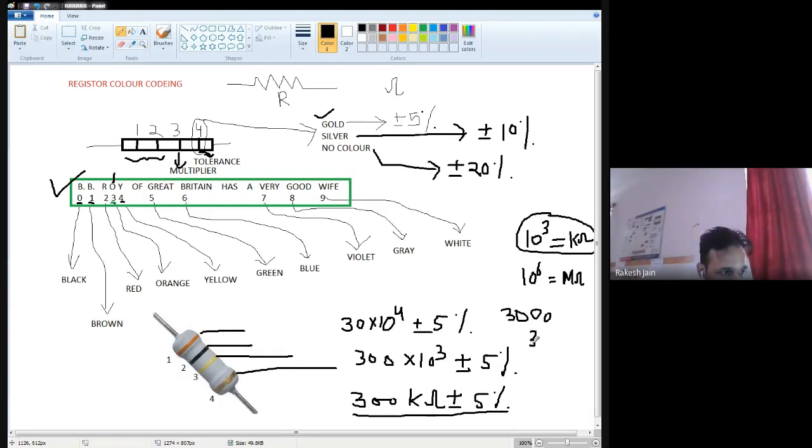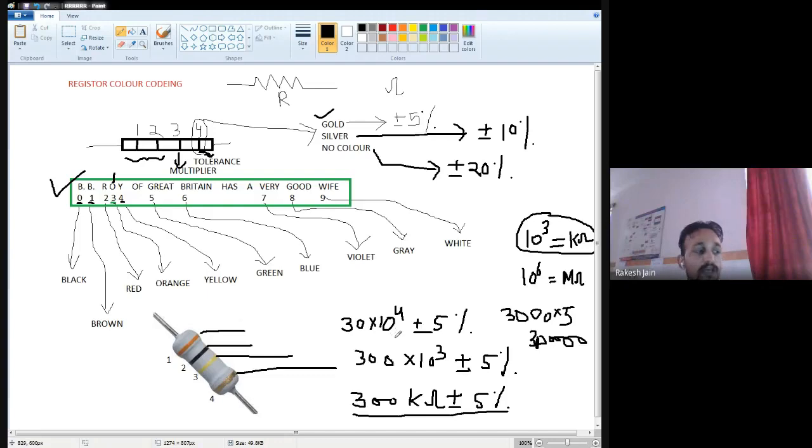30,000 minus this 30. What is the actual value? 30 and then 4 times 0. So 1 0 0 and then 4 times 0 will be there. And multiply by 5 upon 100. So this one will be multiplied by 5. 30,000 multiplied by 5 upon 100, so that is 3000 multiplied by 5.